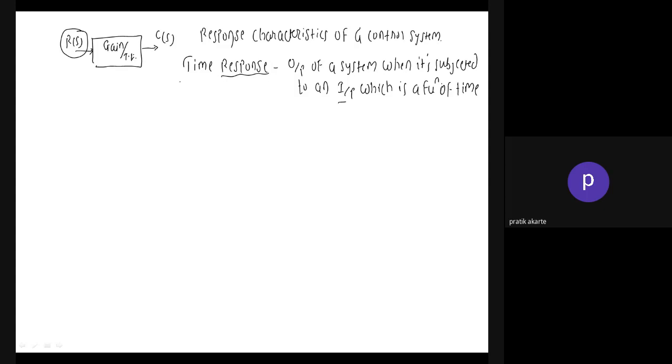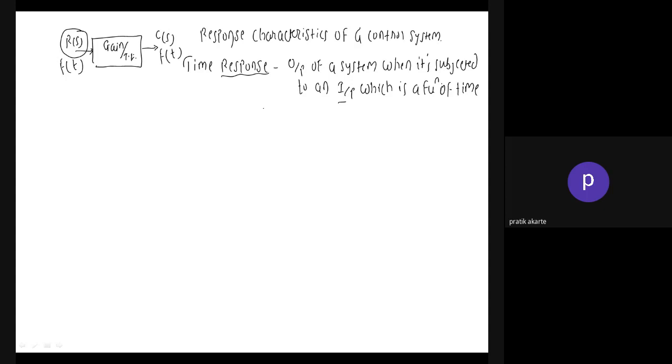Now, time response analysis means subjecting a control system to inputs that are functions of time and studying their outputs or responses, which are also a function of time. Now, when this input is a function of time, whatever outputs or responses we get are also functions of time.